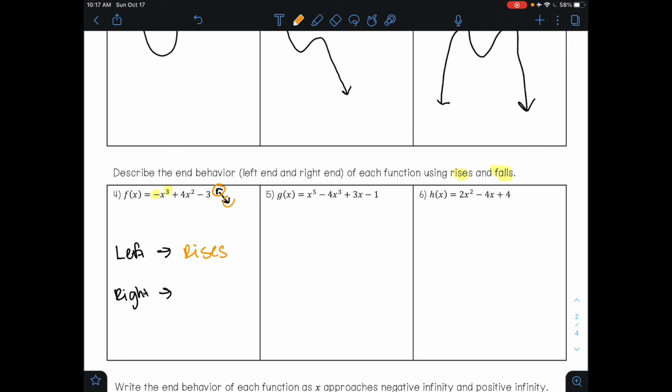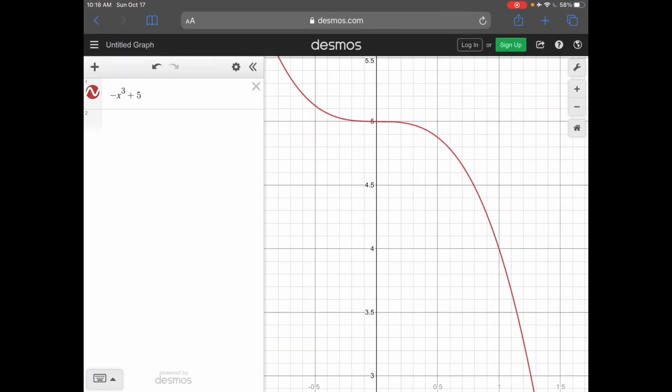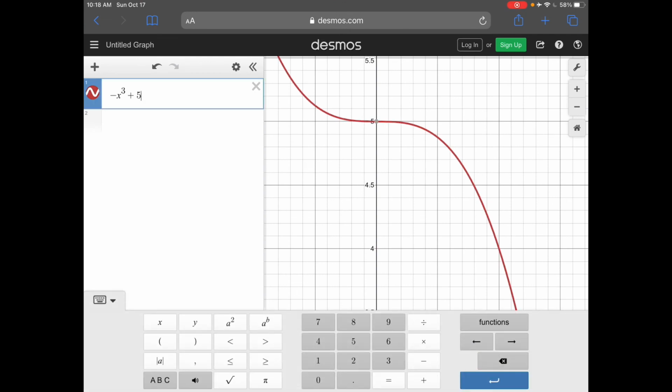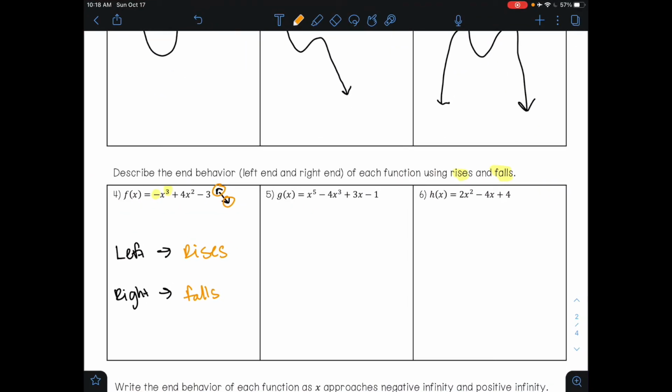And then the right side is pointing down, so the right side falls. And that's the whole idea we're doing here. If I pull back up Desmos, you could type that in. It's another cubic. The left side is going up, so that rises. The right side is going down, so that falls.